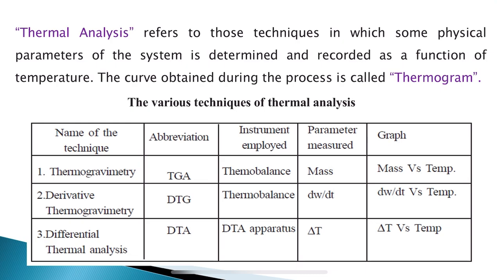It decomposes between 110 and 115 degrees. It starts decomposing at 110 degrees, and finally it gets charred, forming a black residue at 115 degrees centigrade. That is why we write the melting point of urea as 110 degrees centigrade to 115 degrees centigrade.